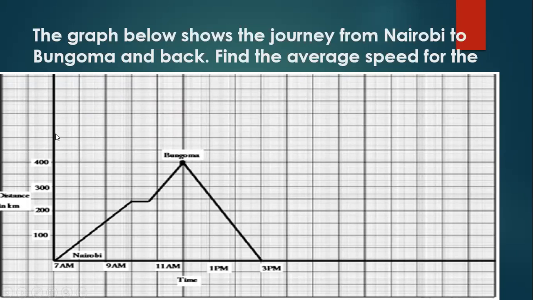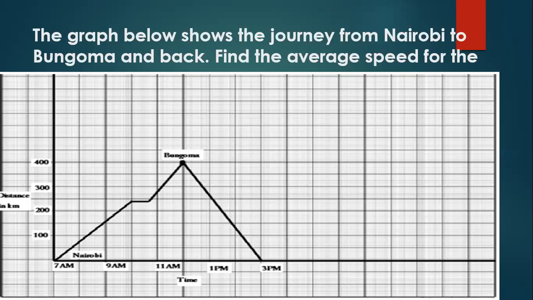So what is the distance from Nairobi to Bungoma? Nairobi to Bungoma is 400 kilometers, if you can check here. But because now you went to Bungoma and also came back, it is 400 plus 400, or 400 times 2, which is 800 kilometers.